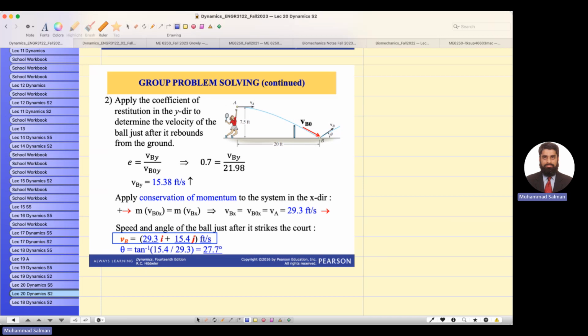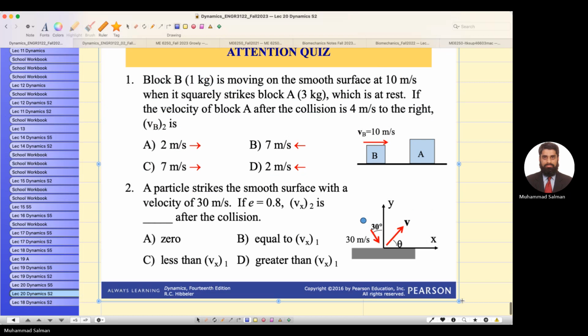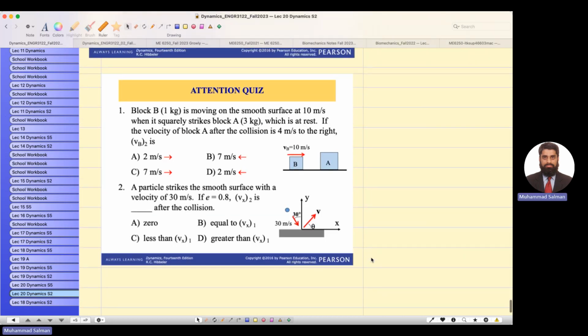Okay, guys? So let's do the last slide. Are you ready for the last slide? The last slide you have to do at home. This is the answer for that one. I would say B is the answer, but our slides' solution says C. I will say it's B, you have to check it.